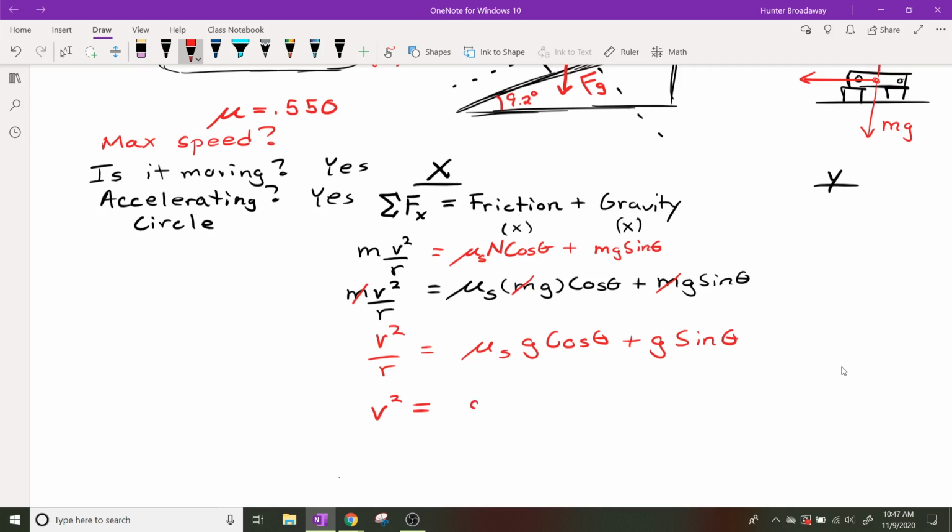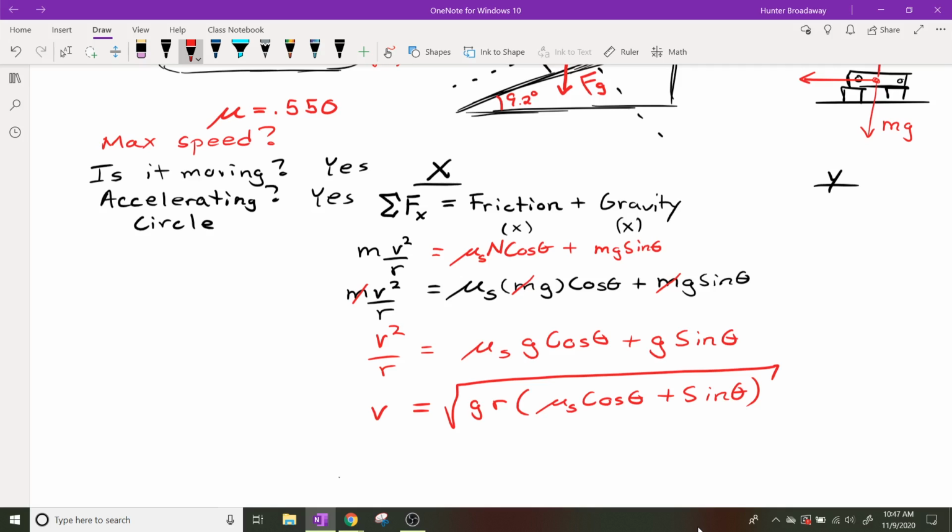So it's g r, and then we'll put everything else in parentheses: mu sub s cosine theta plus sine theta. Make sure I didn't leave any letters of my alphabet soup out. And then if I want the final answer for the velocity, I'm just going to square root that. I just destroyed it. Take your entire expression and, there we go.